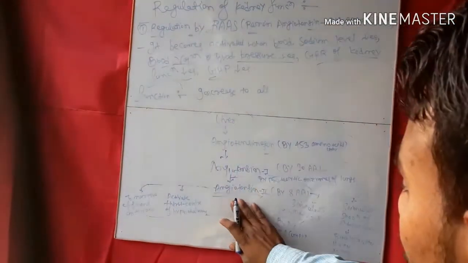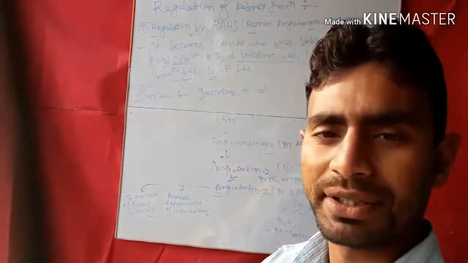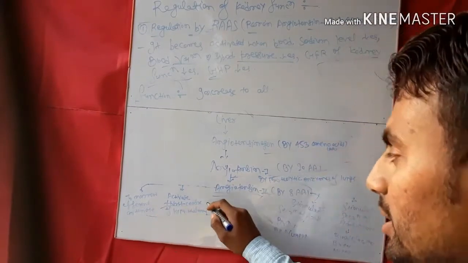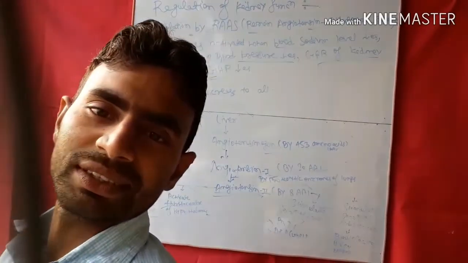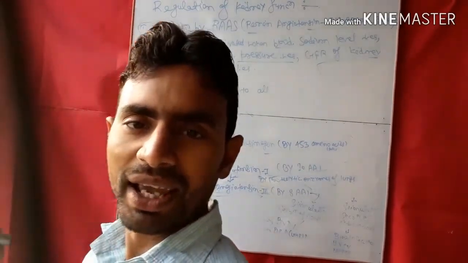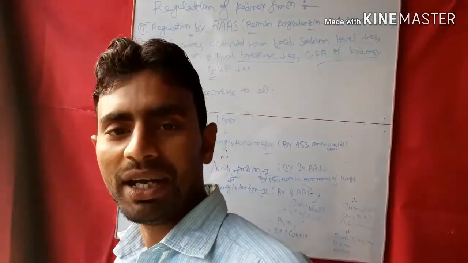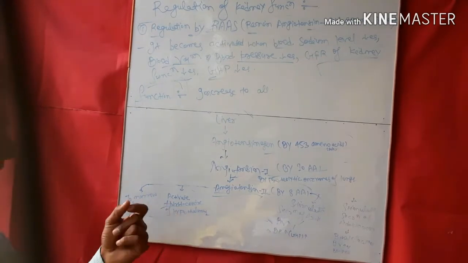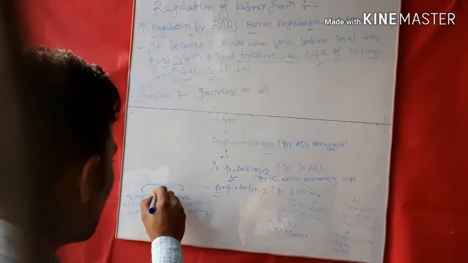Angiotensin second activates the thirst center of the hypothalamus and narrows the efferent arteriole.